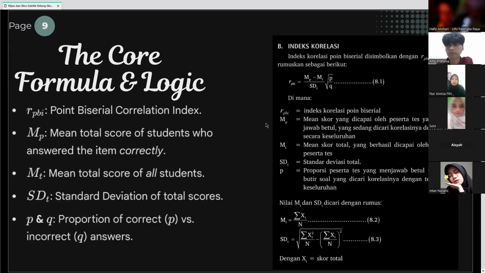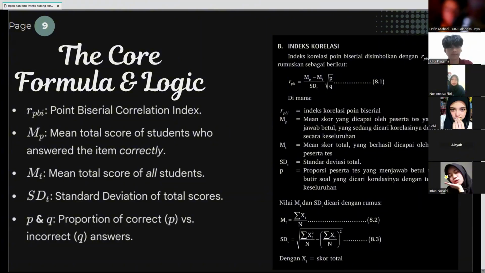The logic behind this formula is actually brilliant. It simply compares Mp, the mean, which is the average test score of the students who answered this specific question correctly, with Mt, the mean total, the average score of the entire class.